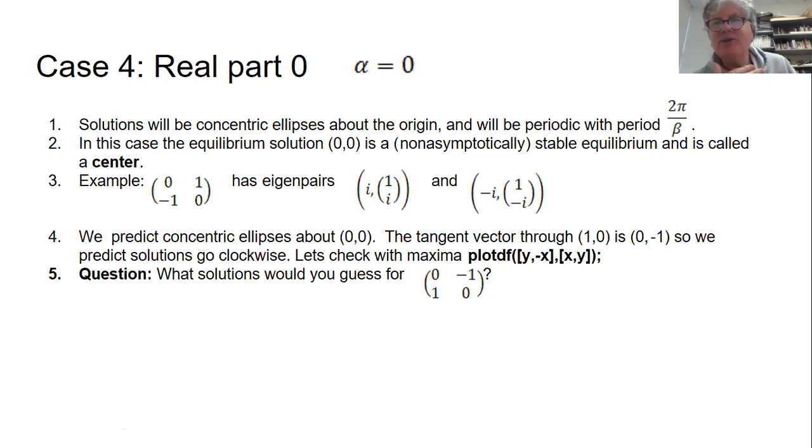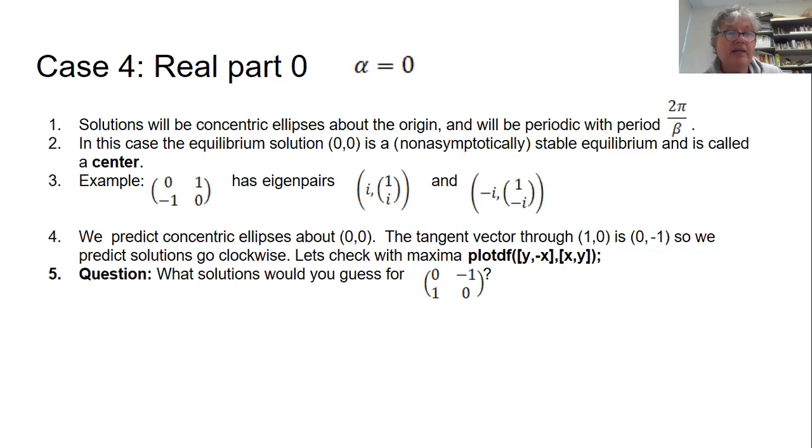We don't really like to call it stable. It's non-asymptotically stable, right? So we like our stable solutions to be asymptotically stable, so that you perturb it and it goes back. Here, you perturb it and it stays the same distance away. But this kind of equilibrium is known as a center.